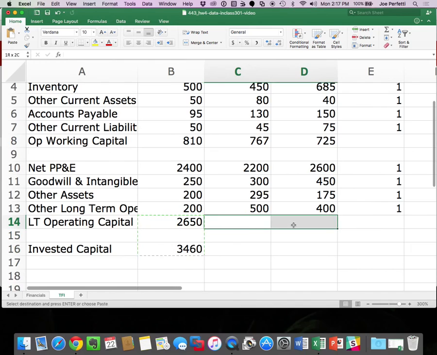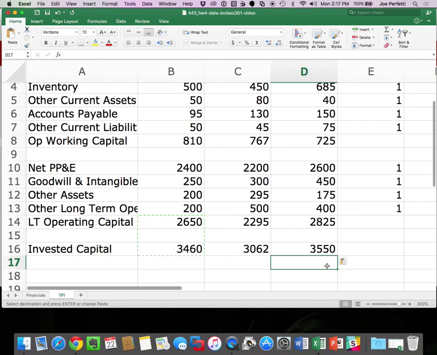Now you might say, well, why would I do it this way versus the other way? And the answer is I was kind of being a little lazy when I did the initial setup last week, and to some degree even with the solution, because as you're doing this, if you're comfortable doing it the way that I initially showed you, that's fine. But if it helps you to see what's going on by writing in some extra sums and rows, then that might help you. So for example, what is invested capital?